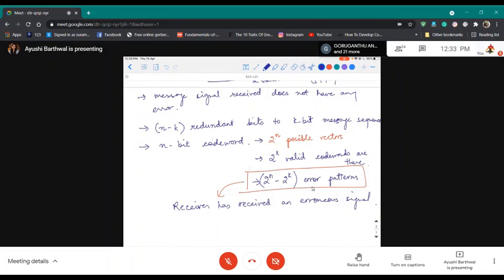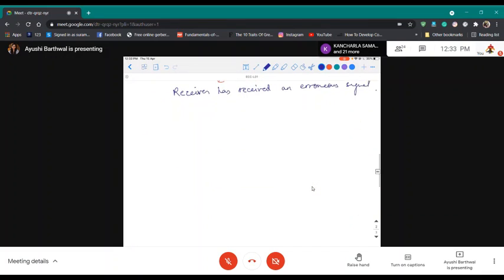Now, let us study what the different types of codes are. Basically, I should mention it as a group of codes.